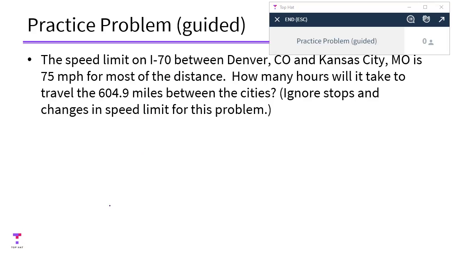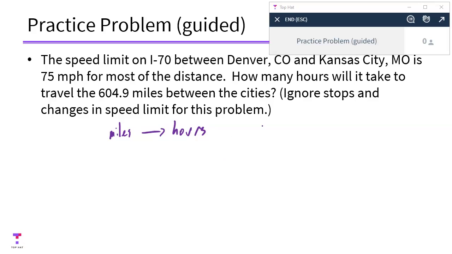Ultimately, we are trying to turn miles into hours, and we have a speed, miles per hour, that can do that. There are a couple of approaches we could take.